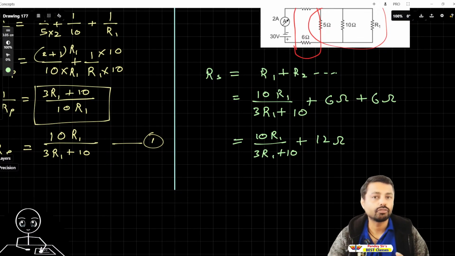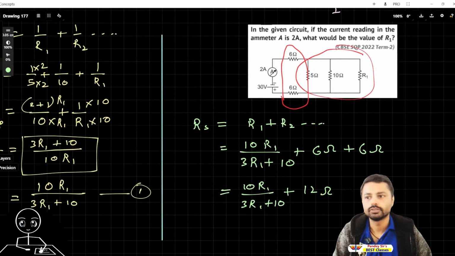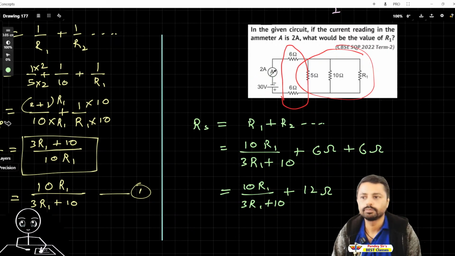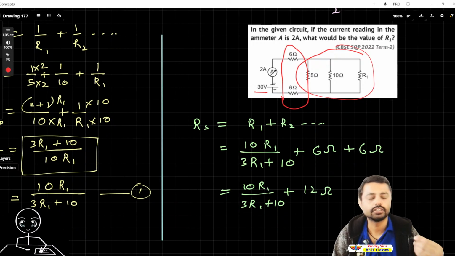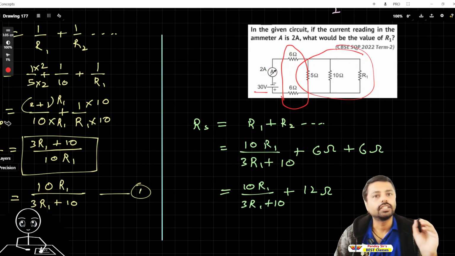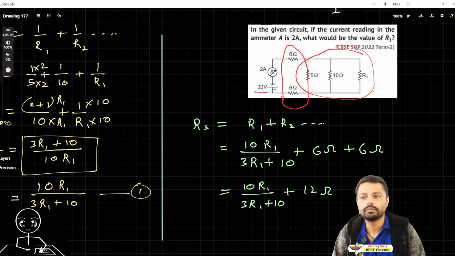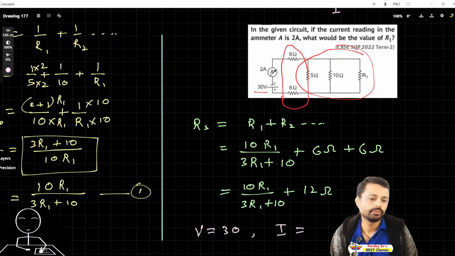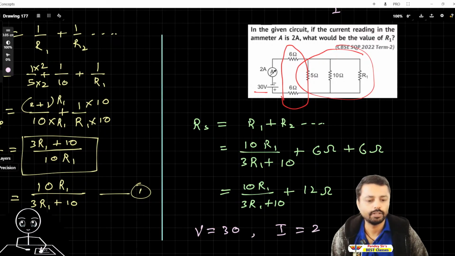Now we can apply the formula V by I. How will you know this formula? So see here, first of all, we got some values. V equal to 30. 30 volt is the voltage applied, potential difference, and current is 2 ampere. So let's simply add those. V equal to 30, I equal to 2 ampere.